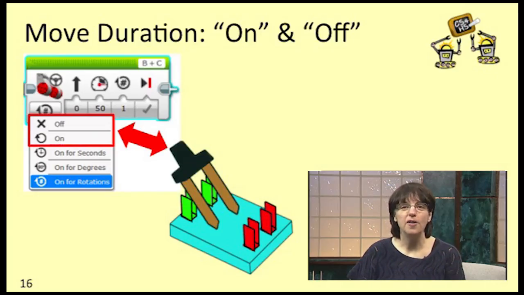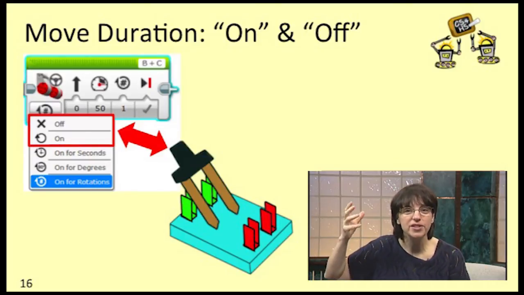Fortunately, in addition to being able to control our motors for a fixed number of degrees, rotations, or seconds, we have 2 more options labeled on and off. I like to think of the on and off options as kind of like one of those giant Frankenstein switches.